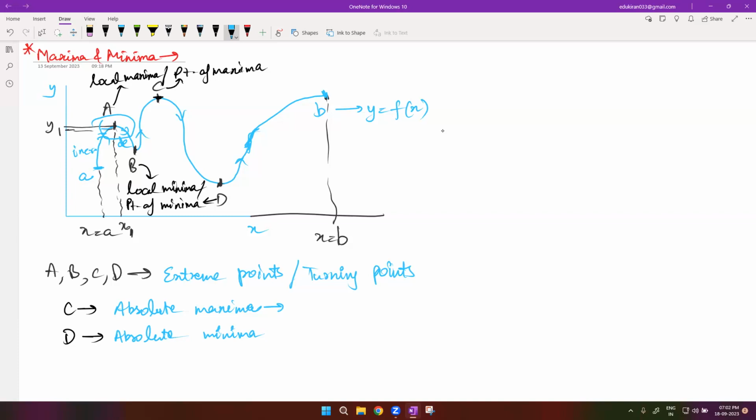Similarly, if your function decreases first and then increases, then it gives a local minimum. No? Did you get this, everyone? Very simple concept. If your function first increases and then decreases, you get a local maximum. If your function first decreases and then increases, you get a local minimum, right?